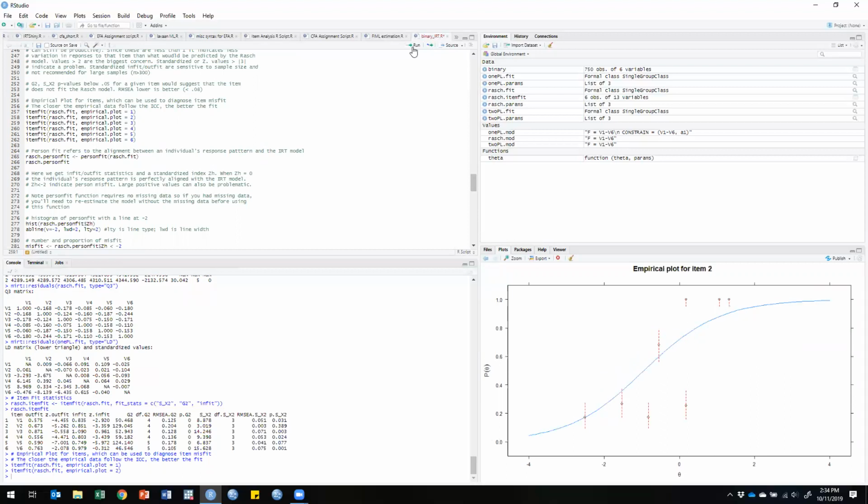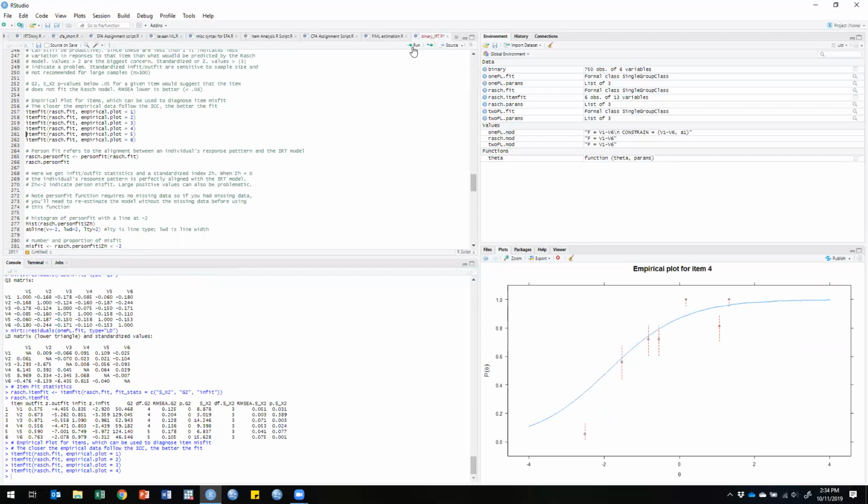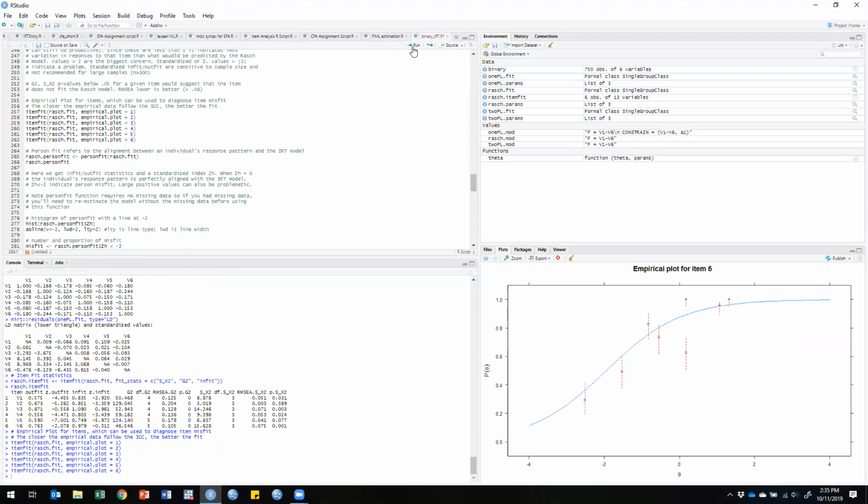Item 2 is not fitting well. Item 3, maybe. Item 4, you know. Item 5, it's not really following along there. Item 6 is doing a little bit better.